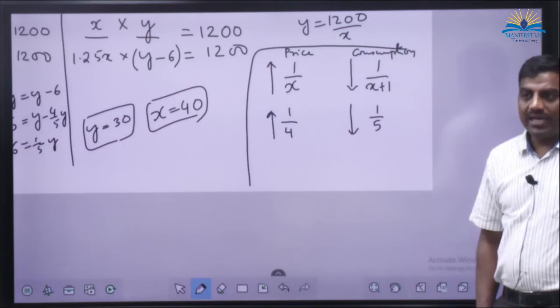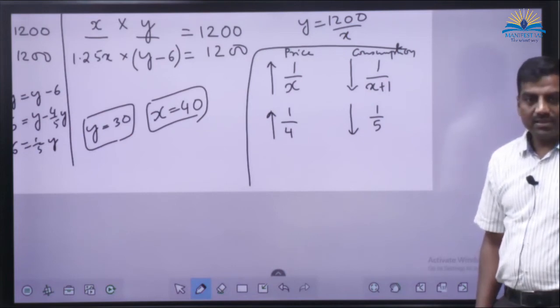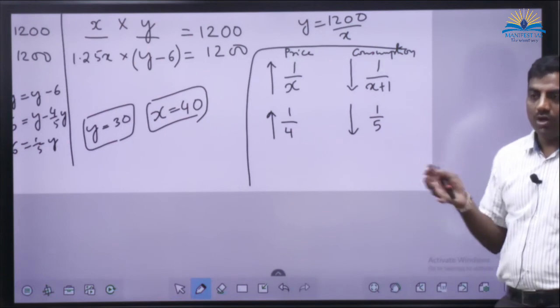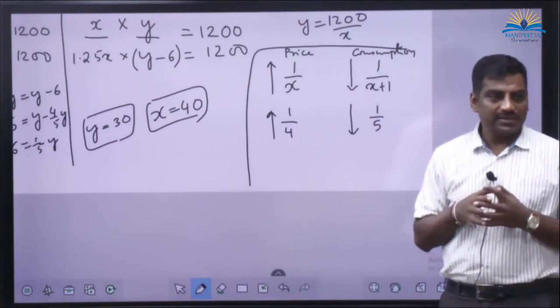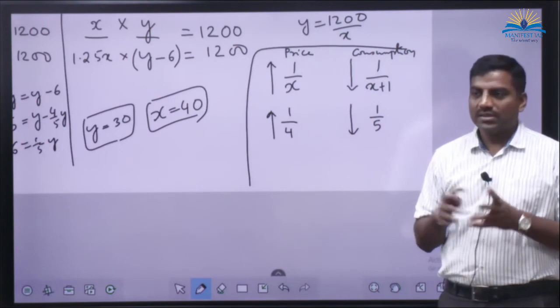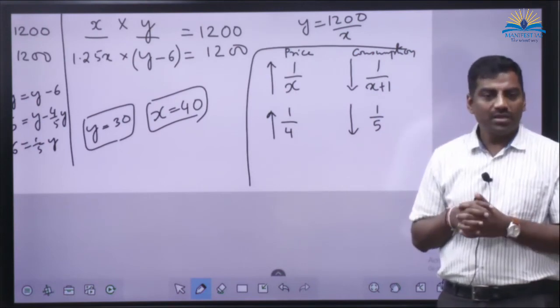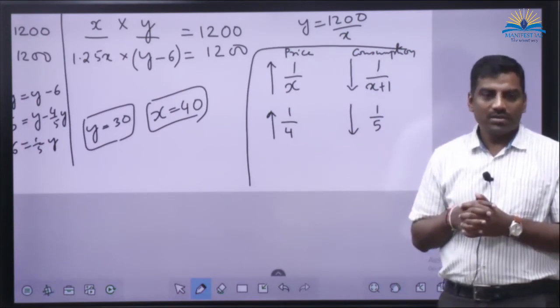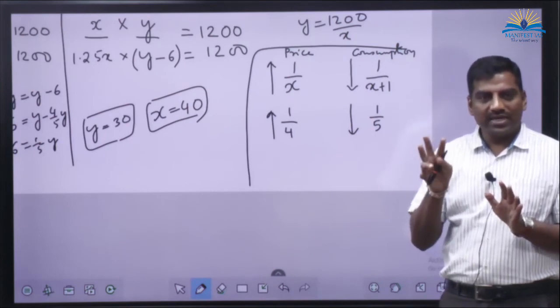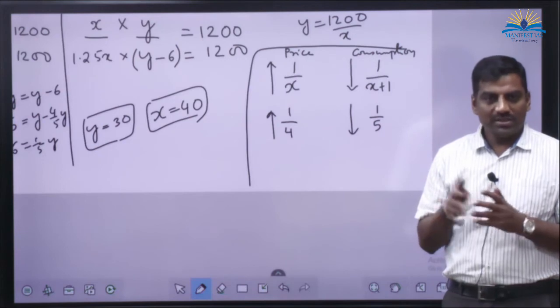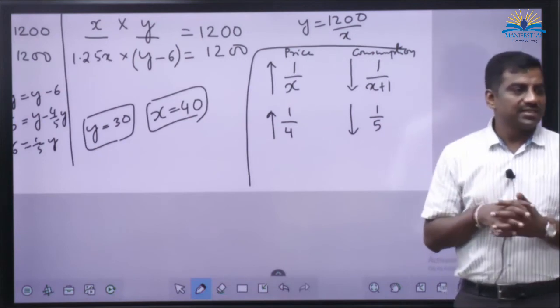If 1 by 5 of something is 6, then the entire quantity would be 30 kgs. Understanding? So earlier 30 kg was the consumption. Now 24 kg is the consumption.